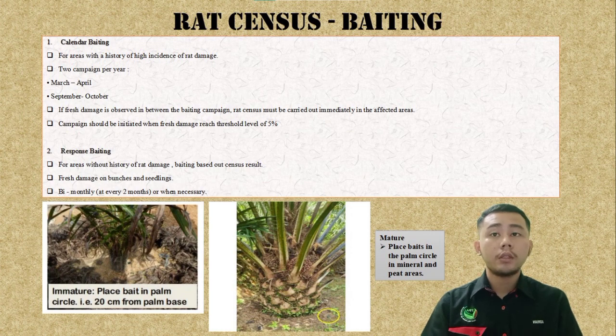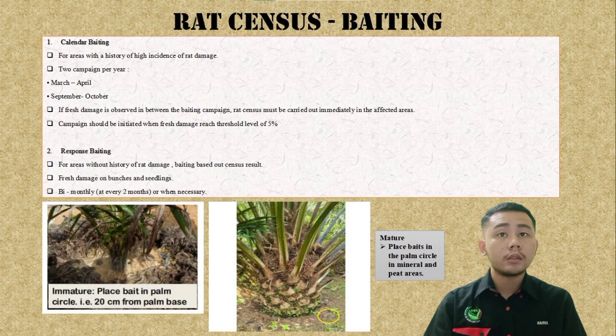If rat damage is observed in between the baiting campaigns, rat census must be carried out immediately in the affected areas. Campaign should be initiated when fresh damage reaches the threshold level of 5%.